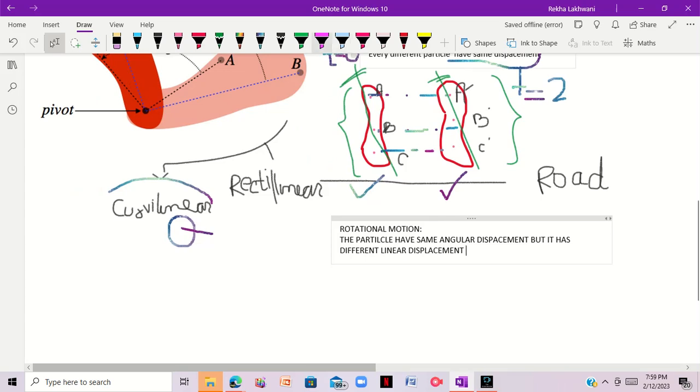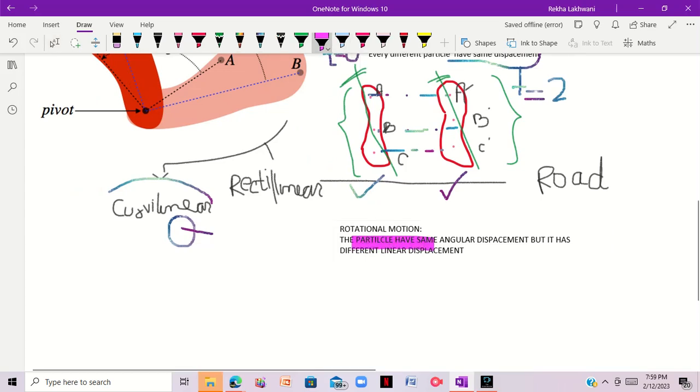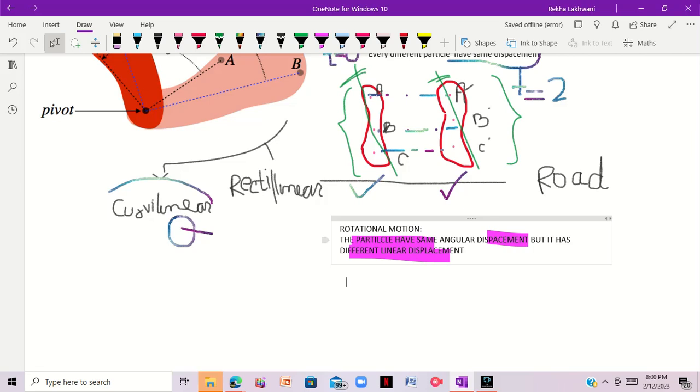So in rotational motion, the particles have the same angular displacement but different linear displacement. Now what does that mean? You can easily understand this concept if you know the concept of angular displacement, which is discussed in chapter number 4, and currently we are on chapter number 5, right?